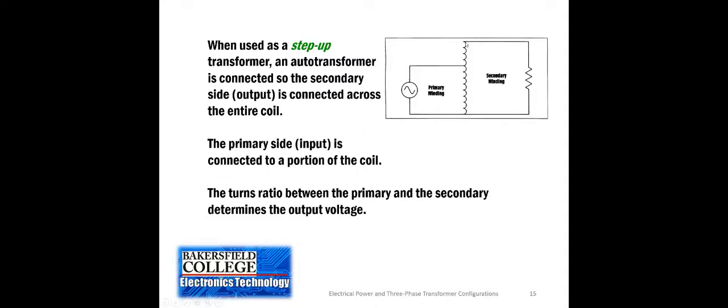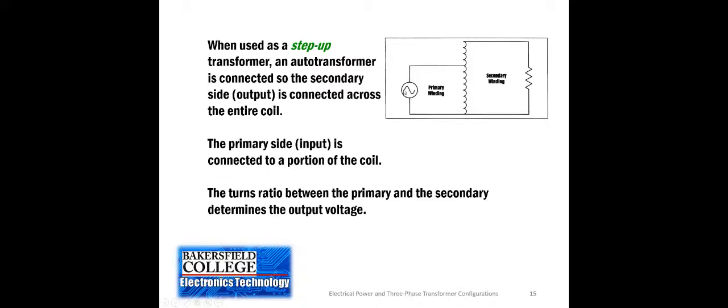So, for example, if I have again 4,000 turns and 3,000 of those are across the primary, then that would be considered the primary turns, 3,000. And then across the secondary, the whole coil becomes the secondary winding. There's 4,000 across here.